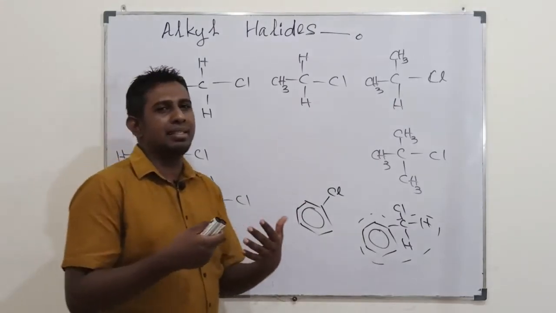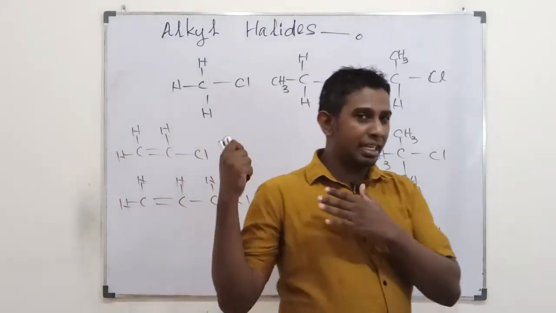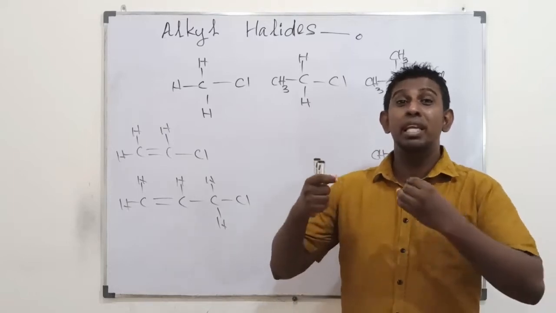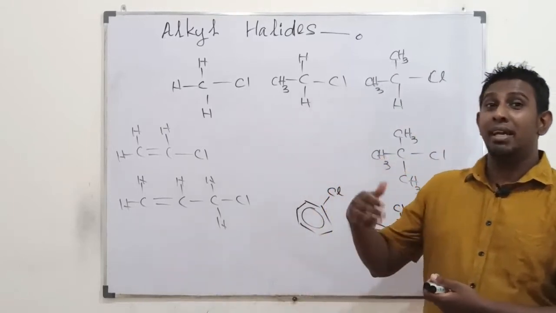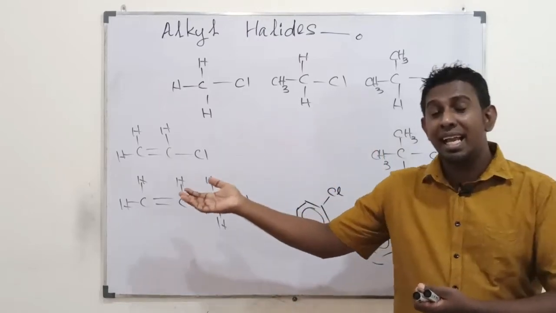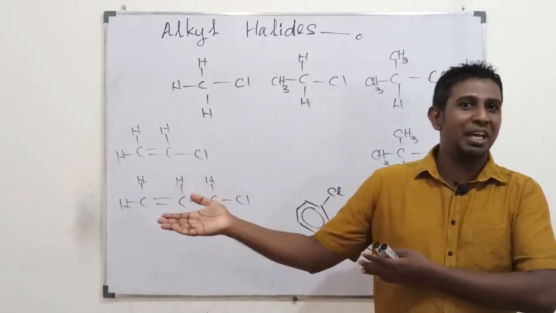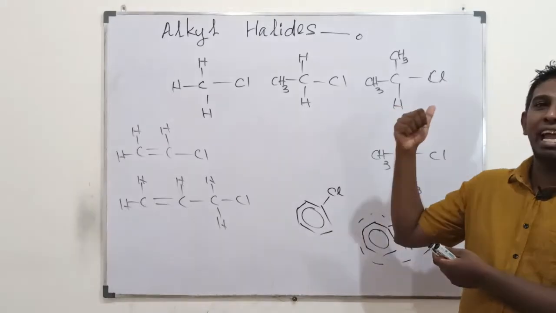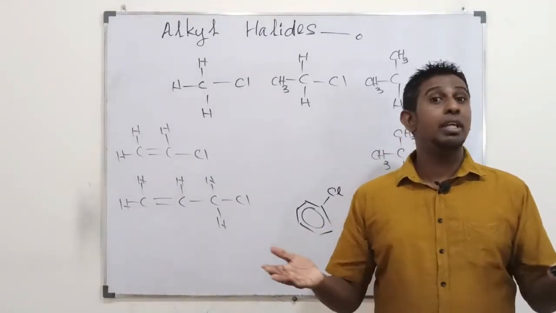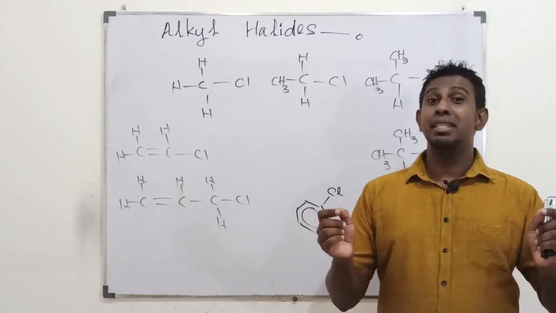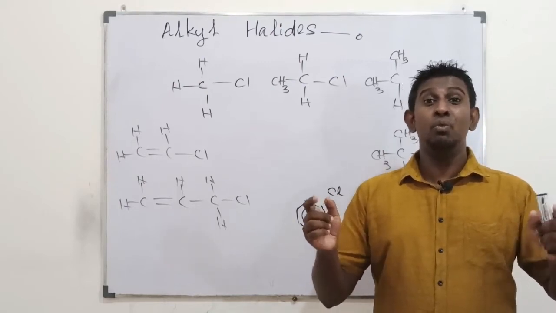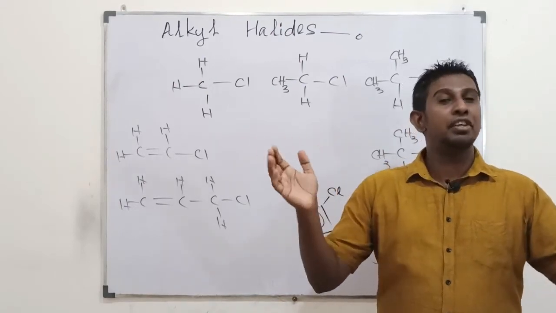For that reason, that chlorine atom here would be able to leave the molecule, letting another party get attached here, giving a chance to another one. This chlorine atom could leave the molecule. So it's a reaction. Therefore, these alkyl halides would be involved in such reactions.